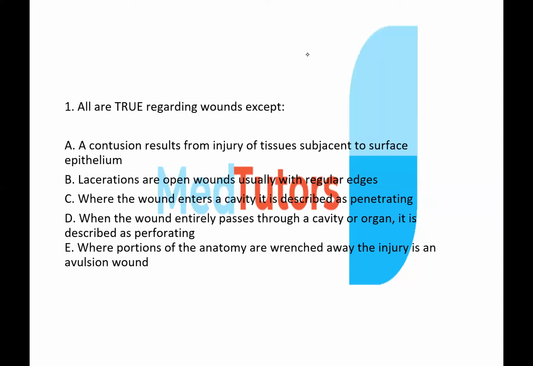Within 10 minutes for me to drive from where I am to where they rushed her to, she died. So that is a form of perforation. It entered and exited. So you have an entry and exit point. That is a very devastating injury.